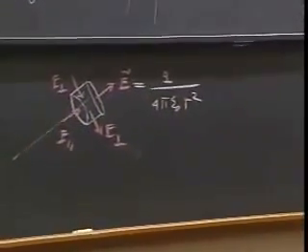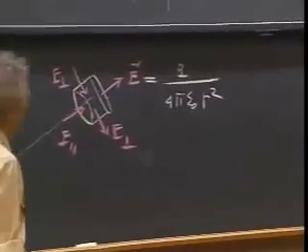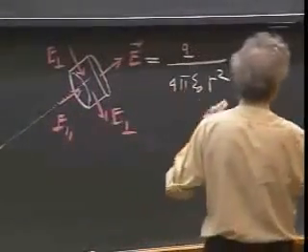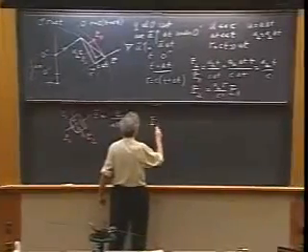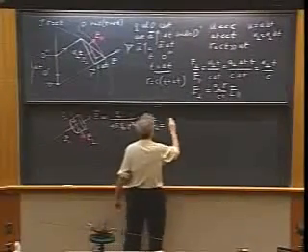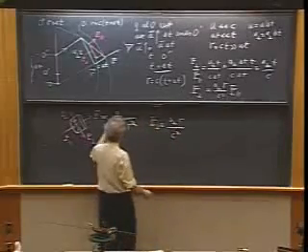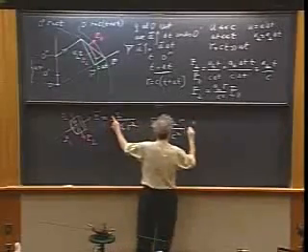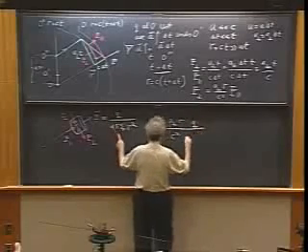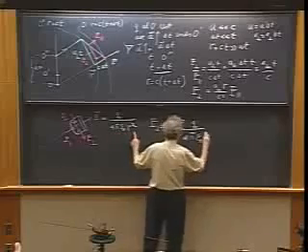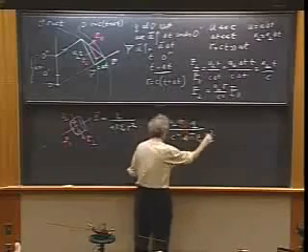You people should remember that from 8.02. And so now, we have accomplished, the 13 minutes are almost up, E perpendicular now is therefore A perpendicular times R divided by C squared times Q divided by 4 pi epsilon 0 times R squared. And you lose 1 R.